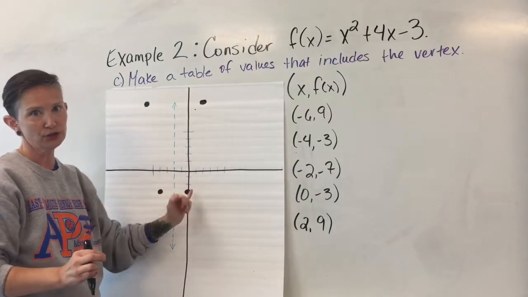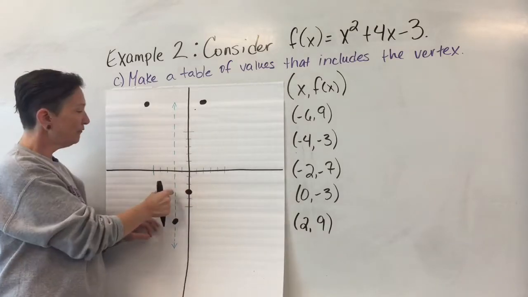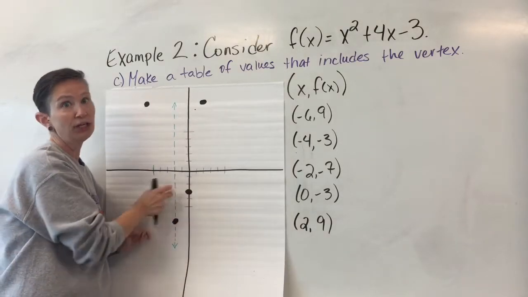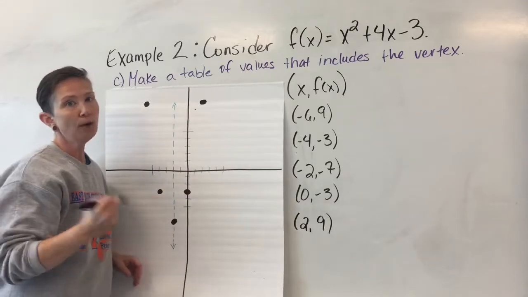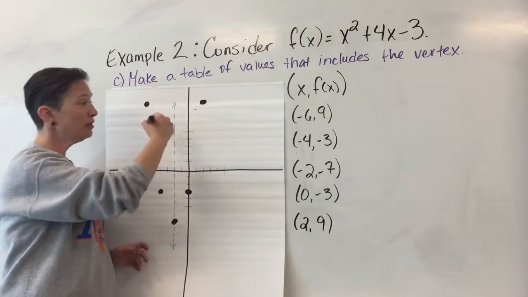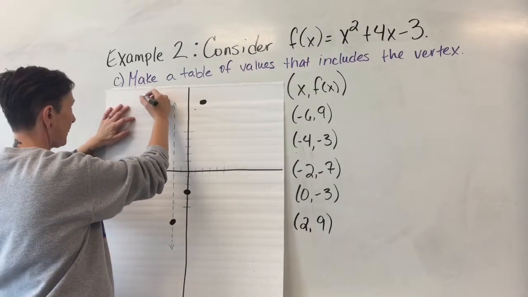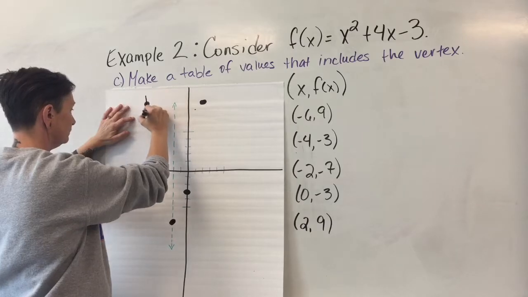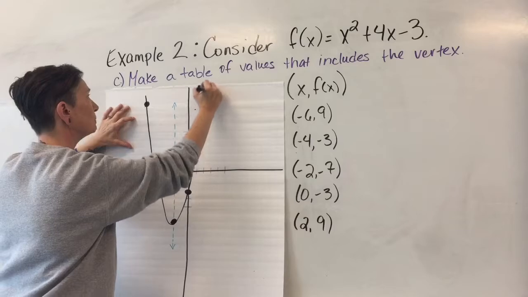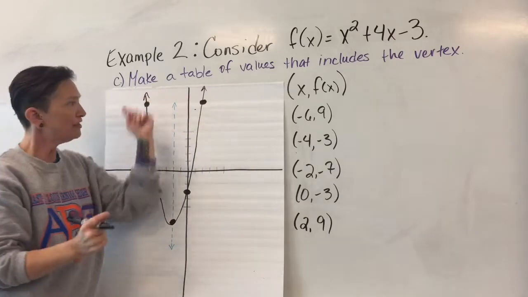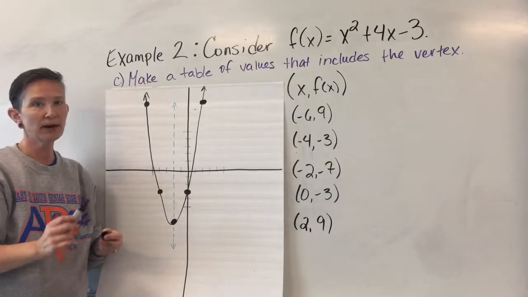One is the reflection of the other because they are the same distance from the axis of symmetry on each side. Once I've got my 5 coordinates on my quadratic function, I'm going to do the best I can to make this a smooth curve. So this would be the graph of the quadratic function x squared plus 4x minus 3.